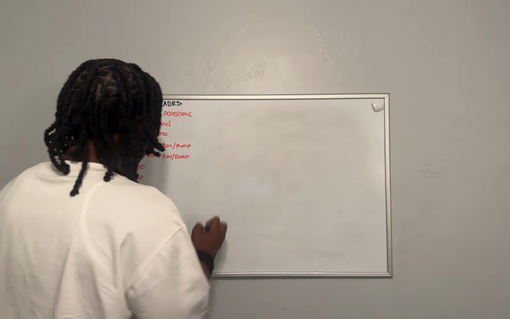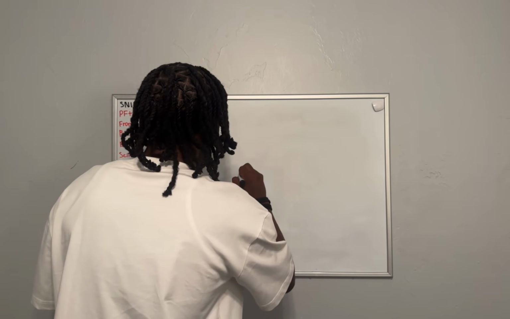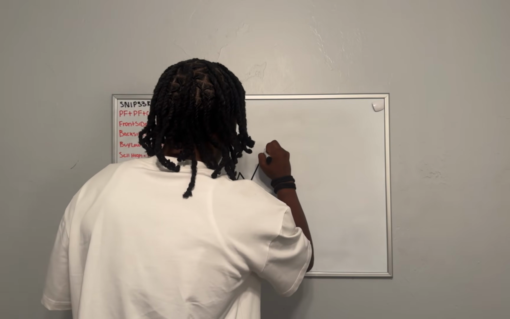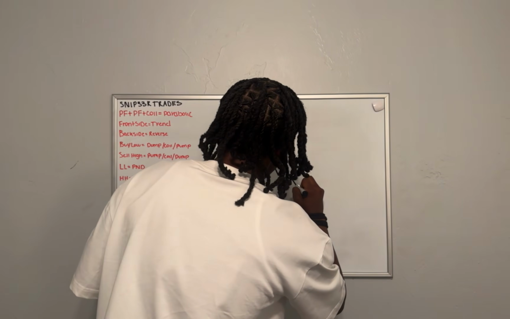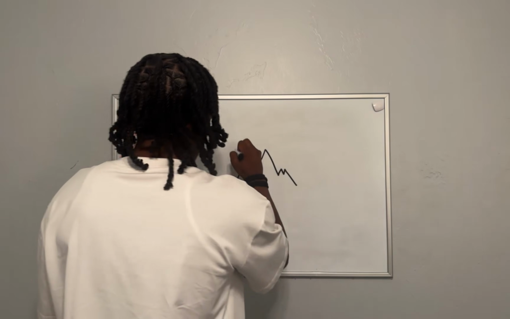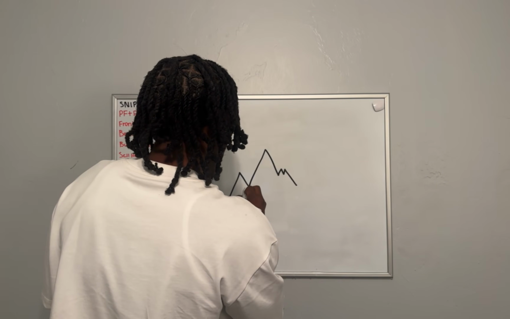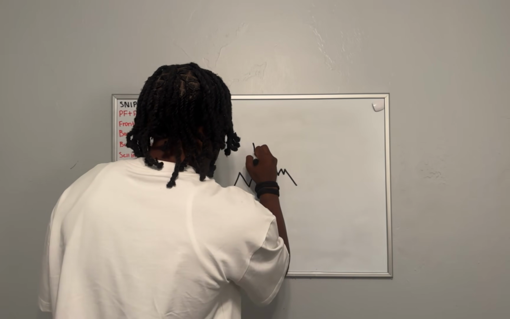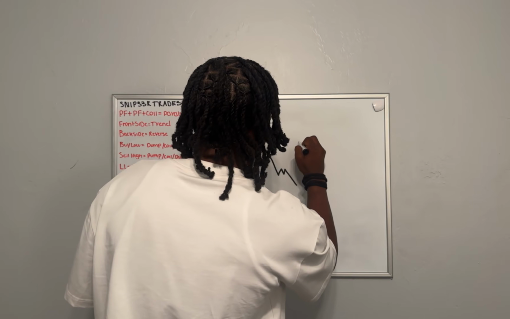So let's say day one is our low. Day two, we get our high. We get our first red day signal. And let's leave it like that. Day one, day two.